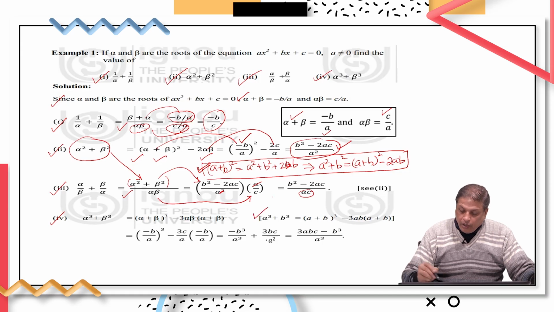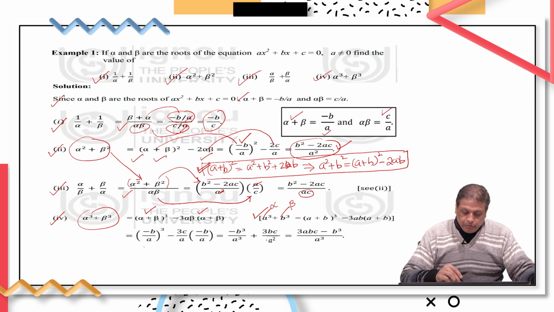Now, recalling a cube plus b cube is equal to a plus b whole cube minus 3ab into a plus b. Applying this identity, in place of a just replaced by alpha, in place of b just replaced by beta, you will get alpha plus beta whole cube minus 3 alpha beta into alpha plus beta.